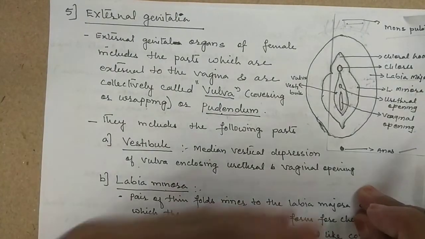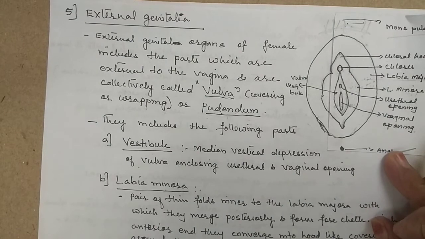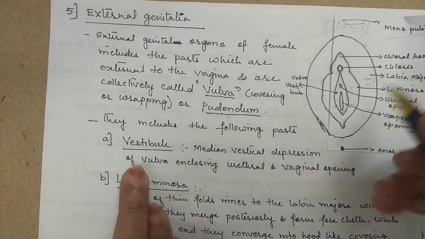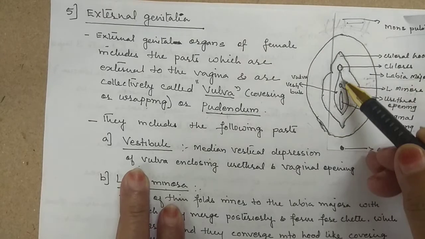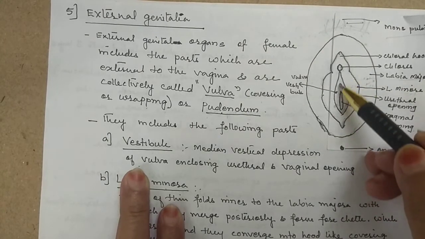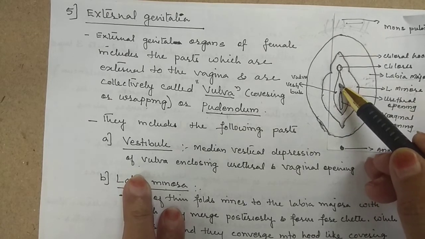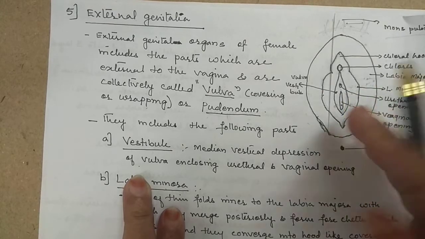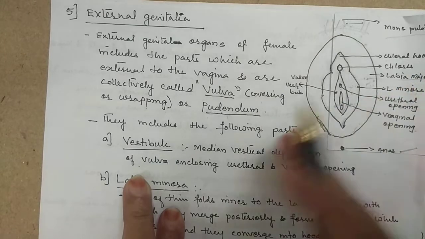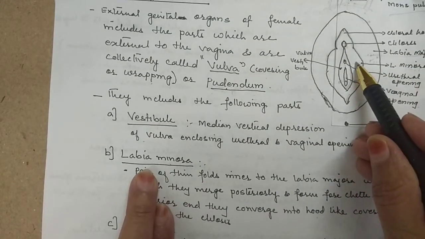Now the entire structure consists of 5 parts. Remember, the first part is called the vestibule. What is the vestibule? It is a vertical median depression which encloses 2 openings, the urethral opening and the vaginal opening. This depression is protected and covered by a membranous structure called the labia minora.